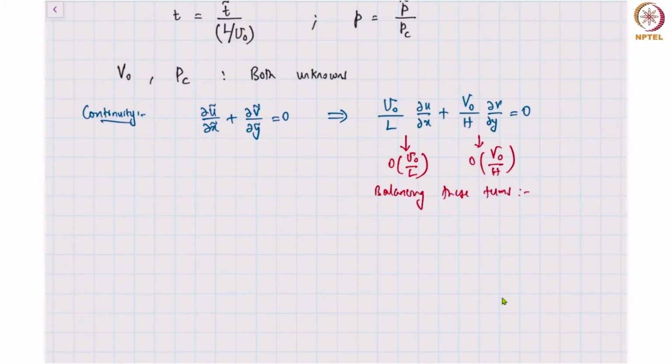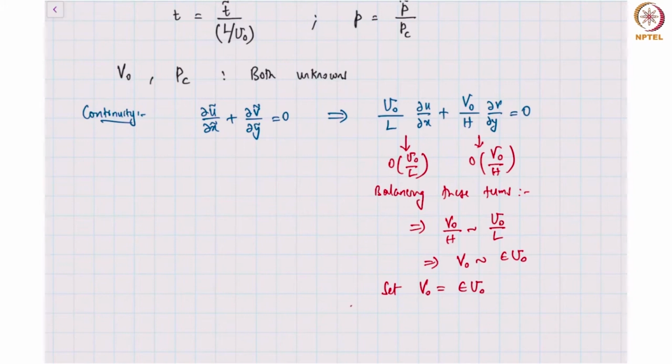We need to balance these terms for mass balance, and therefore we require v naught by h to scale with u naught by L, and therefore v naught should be something like epsilon u naught, where epsilon is h by L. So we can now choose to set v naught to be epsilon u naught.